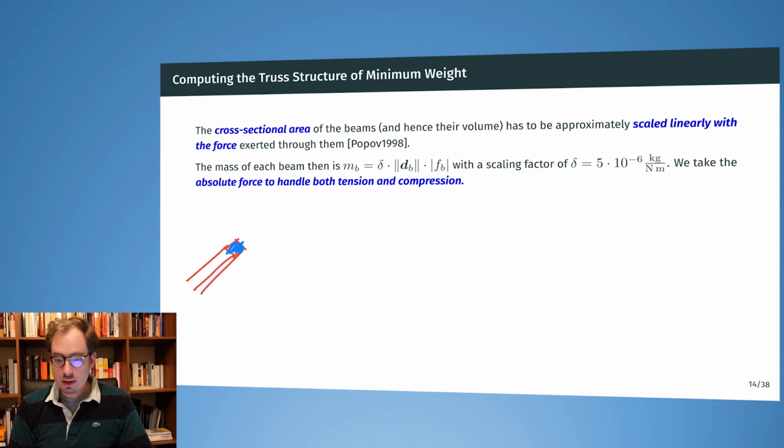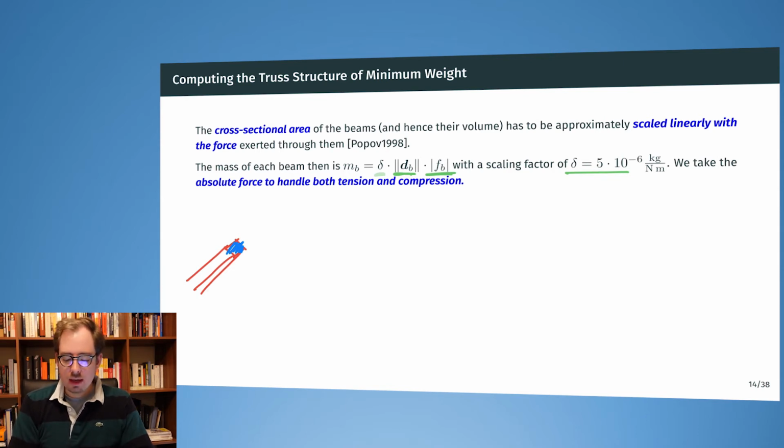And from the literature, then we have a certain factor, here it's delta, and the mass of the beam is then the length of the beam times the absolute force, so either tension or compression, acting along the beam, times this delta, and this delta then combines all the knowledge from the literature, what cross-sectional area we need depending on the force, and there is some linear relation between them.